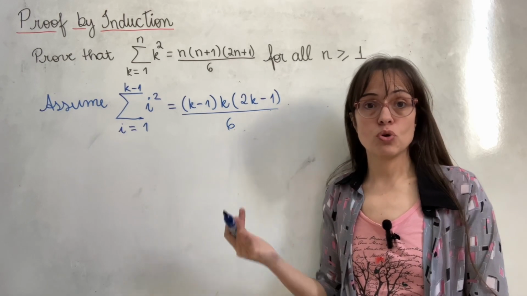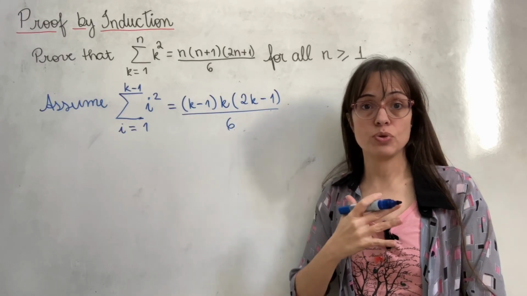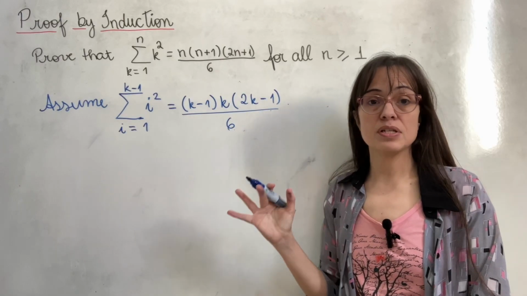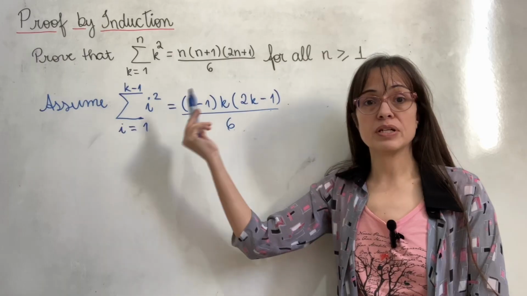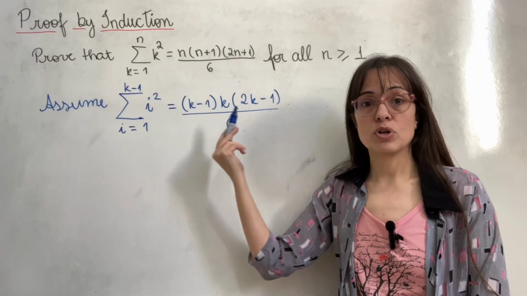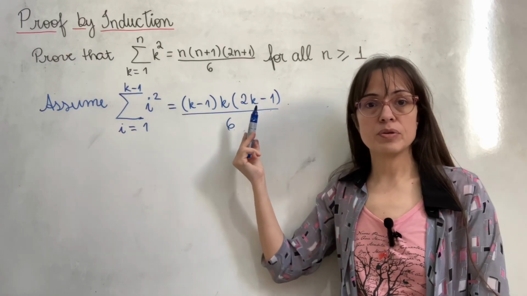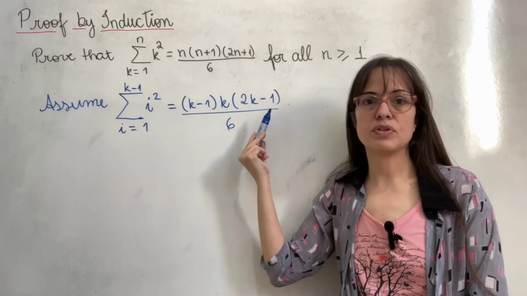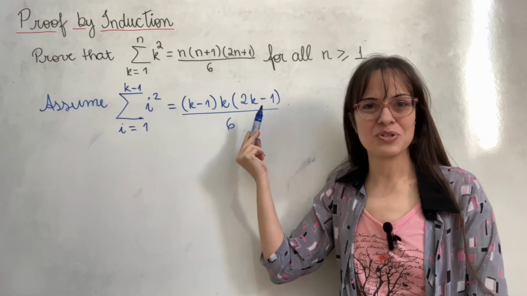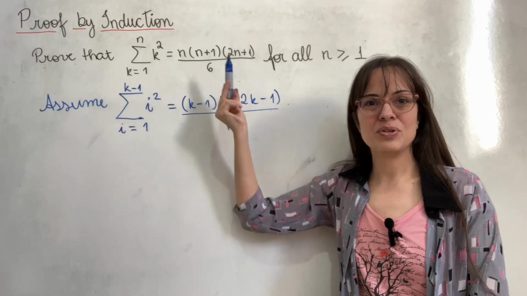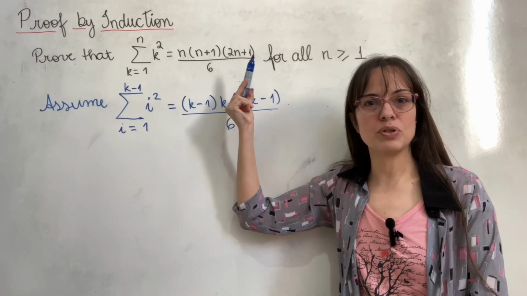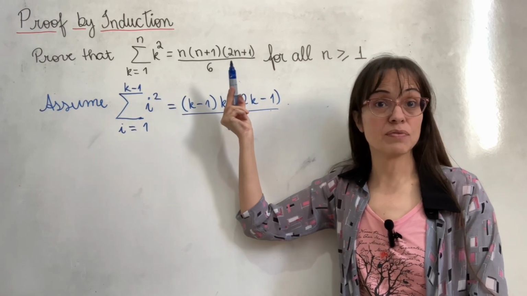And I chose to go from k minus 1 to k for the same reason that I mentioned in the other example, because it simplifies what's going to happen to the right side of this equation. And by the way, take a moment to convince yourself that this 2k minus 1 here actually is correct when you take the 2n plus 1 and put a k minus 1 in place of the n.